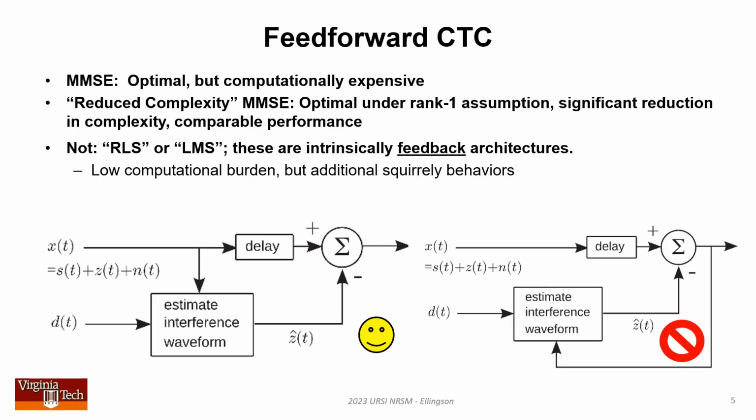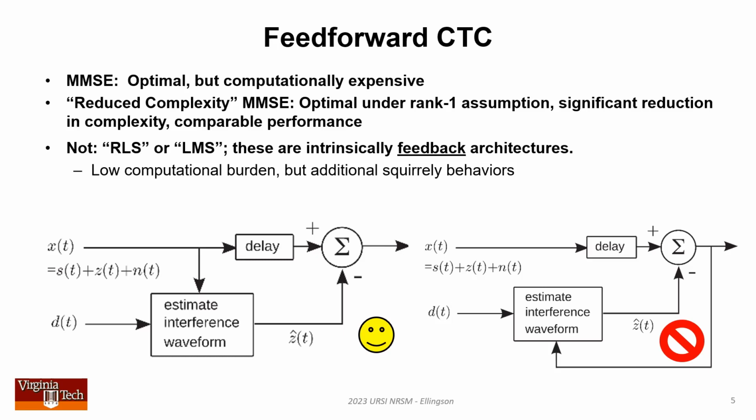I also want to make a distinction between feed-forward MMSE and other algorithms that show up in this business. In particular, many folks have heard of LMS, that is least mean squares, and also RLS, which is recursive least squares. These algorithms do similar things, but they are intrinsically feedback algorithms.